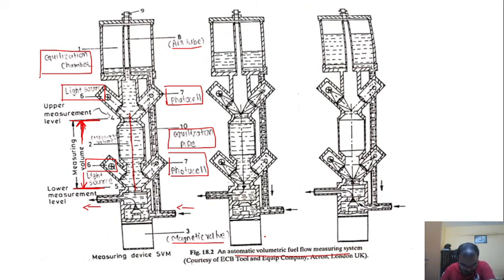Here the lamps after that automatically switch off, the valve opens and the fuel rate is indicated on the meter.